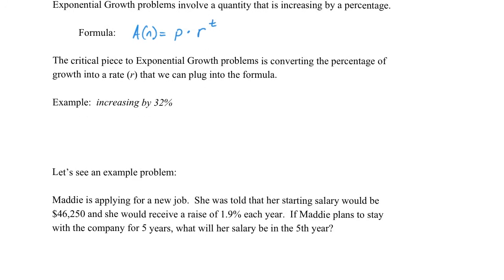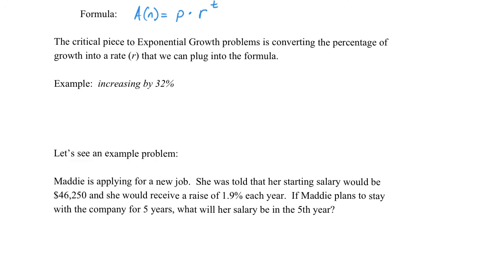The hardest part about these problems is that we have to convert a percentage into our rate, which is what we're plugging into the formula. So it's real simple. If you have a 32% increase, what we're going to do is add that to 100.